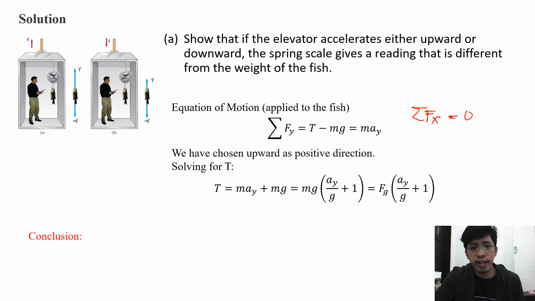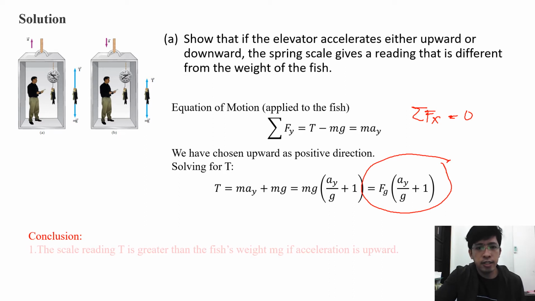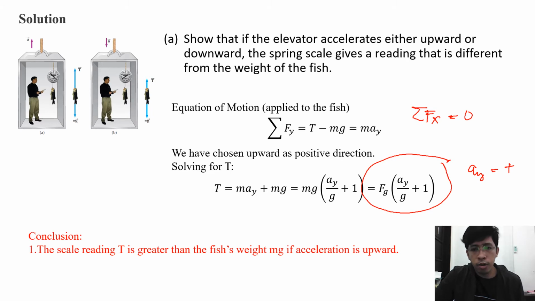So what do we get here? Okay, looking at this term here, when we have positive ay, the scale reading T is greater than the fish weight mg if acceleration is upward. As you can see, if your ay is positive, it adds, then it is divided by g.